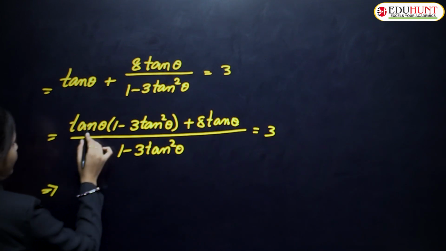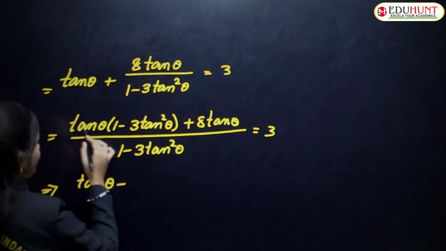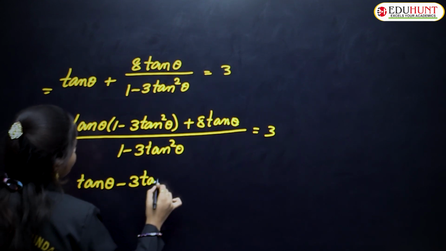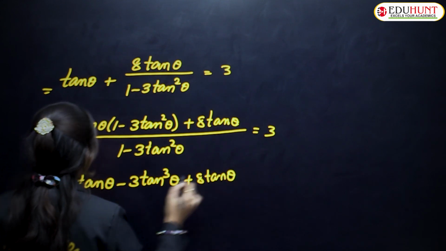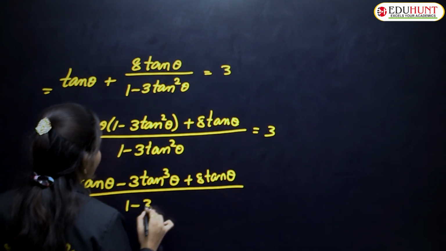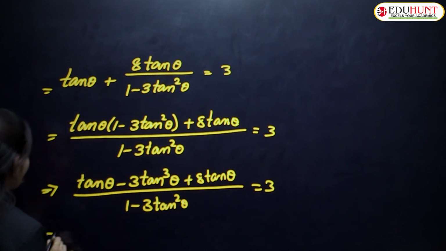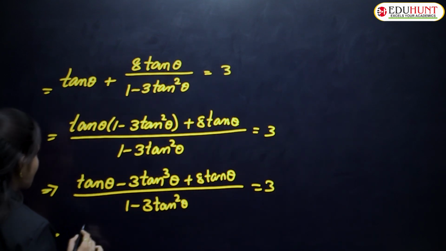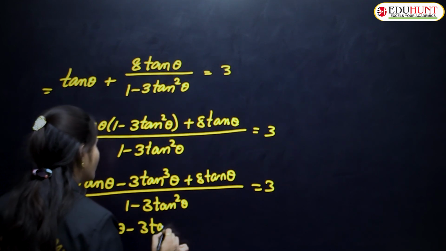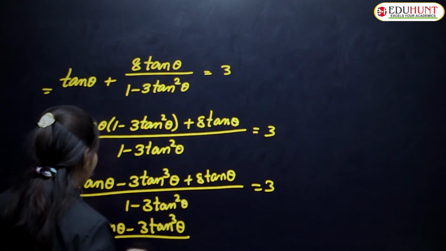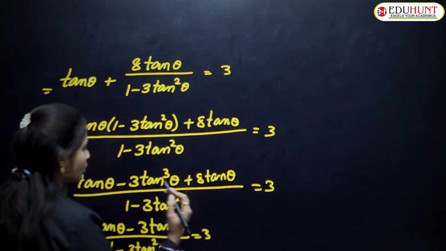So tan theta into 1 is tan theta, minus 3 tan square theta into tan theta is 3 tan cube theta, plus 8 tan theta whole by 1 minus 3 tan square theta is equal to 3. So 8 tan theta plus tan theta is 9 tan theta minus 3 tan cube theta whole by 1 minus 3 tan square theta, which is equal to 3.